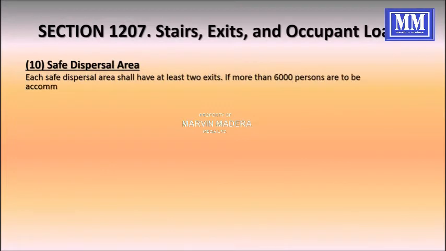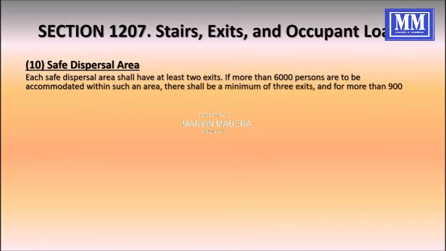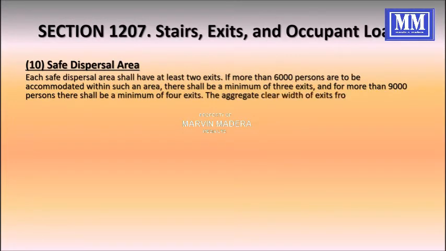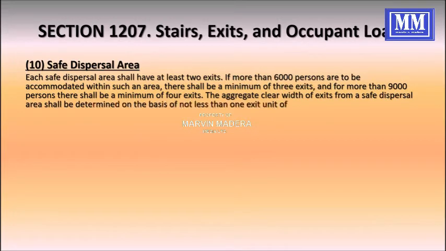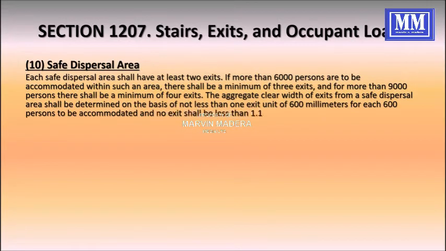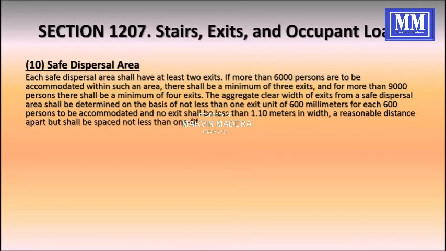Safe dispersal area. Each safe dispersal area shall have at least two exits. If more than 6,000 persons are to be accommodated within such an area, there shall be a minimum of three exits. And for more than 9,000 persons, there shall be a minimum of four exits.